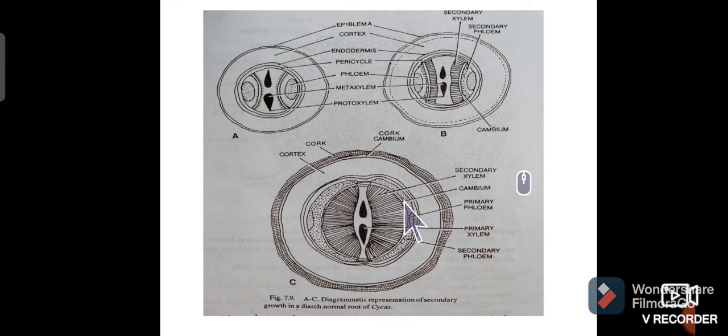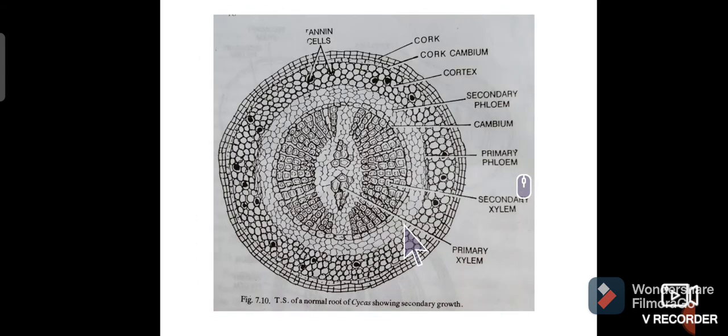So just remember that the cells of the pericycle lying behind the protoxylem also behave as cambium, joining the crescent-shaped cambium strips, and produce living cells of primary medullary rays opposite the protoxylem points. And I will show you in this diagram.